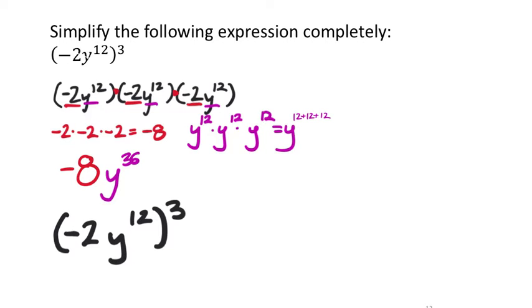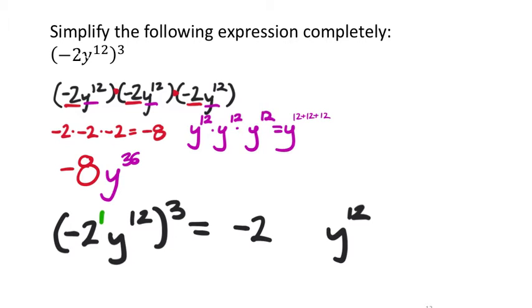Now, before we do this, it's important to understand that this 12 exponent only applies to the y, not the negative 2. Remember, if you can't see the exponent for a base, it automatically takes an exponent of 1. So I'm going to show that phantom 1 right there, exponent, okay? Well, from the rule that we just learned, this means that you're going to take those two bases, negative 2 and y.